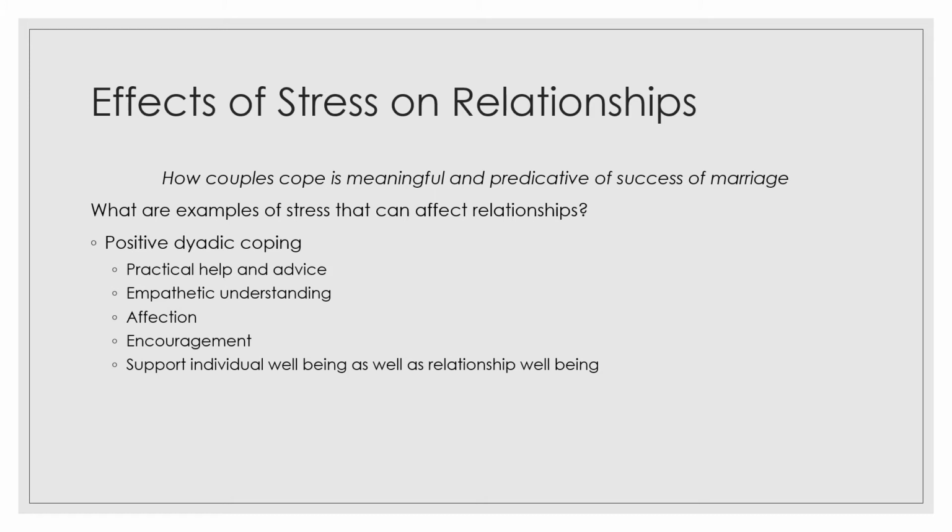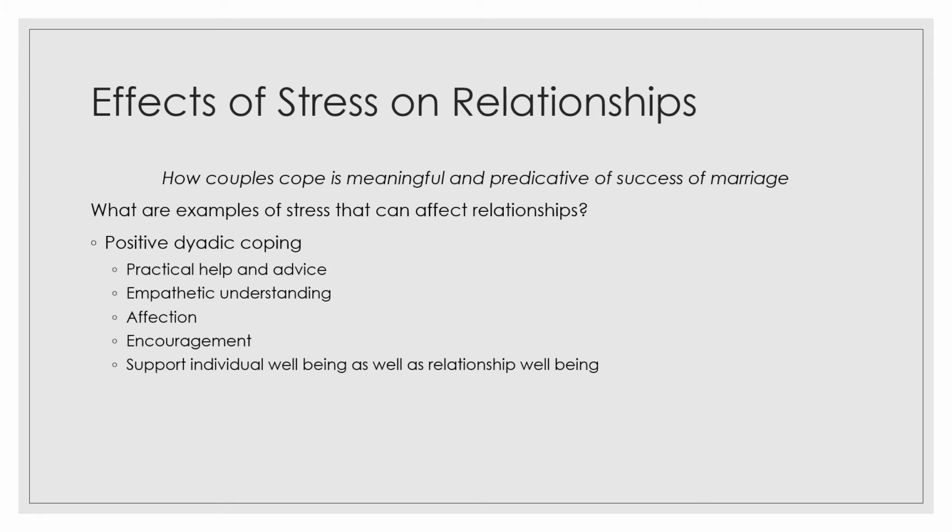Affection. In stressful times, it's important to have a partner that reaches out with affection rather than distance. That is one of the predictors in helping positively cope with stressful situations.